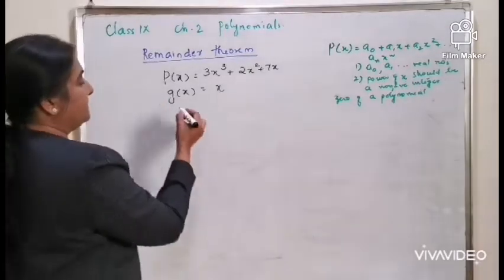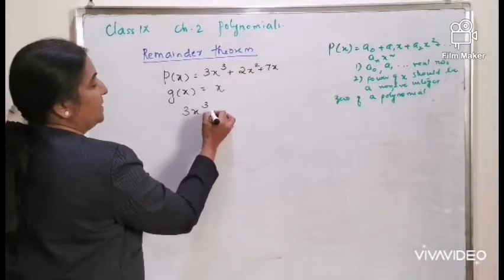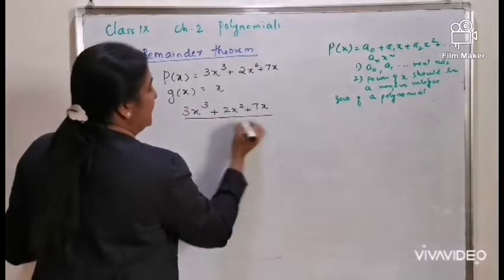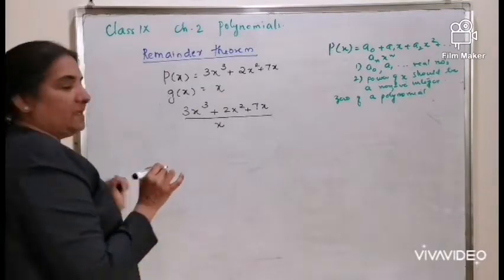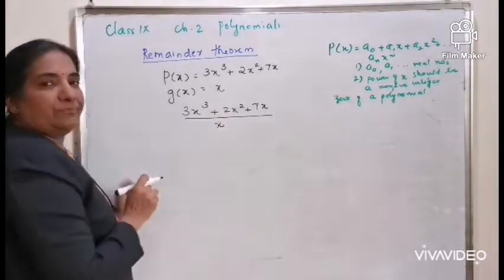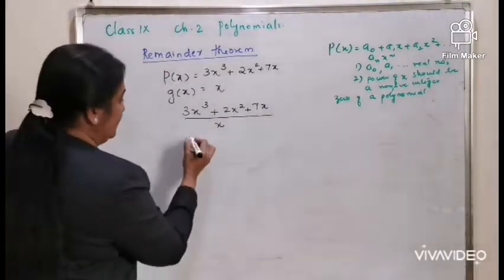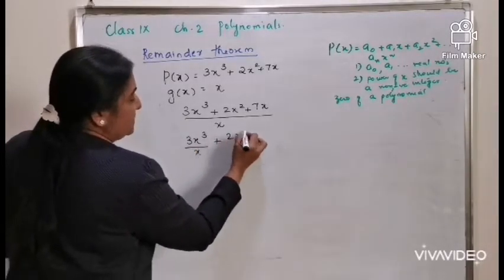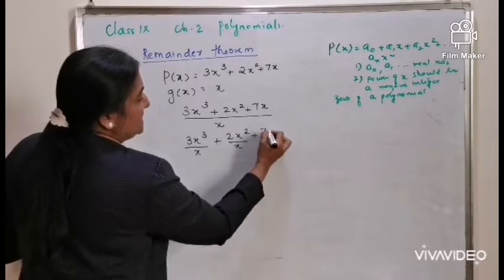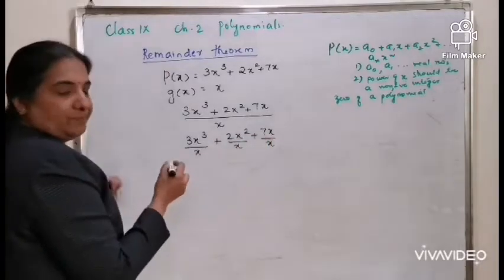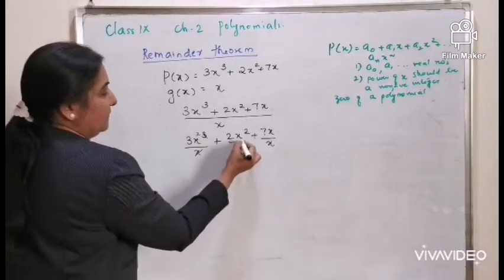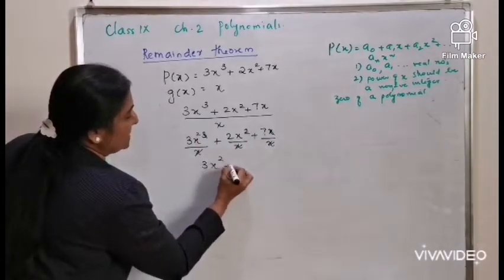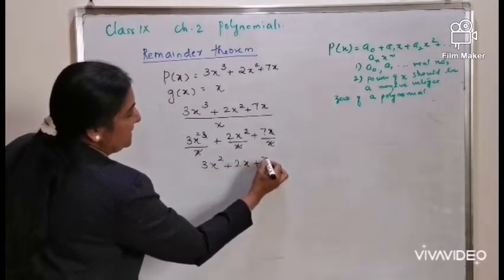As normal, 3x cubed plus 2x square plus 7x divided by x: each term is divided, 3x cubed by x plus 2x square by x plus 7x by x, giving 3x square plus 2x plus 7.